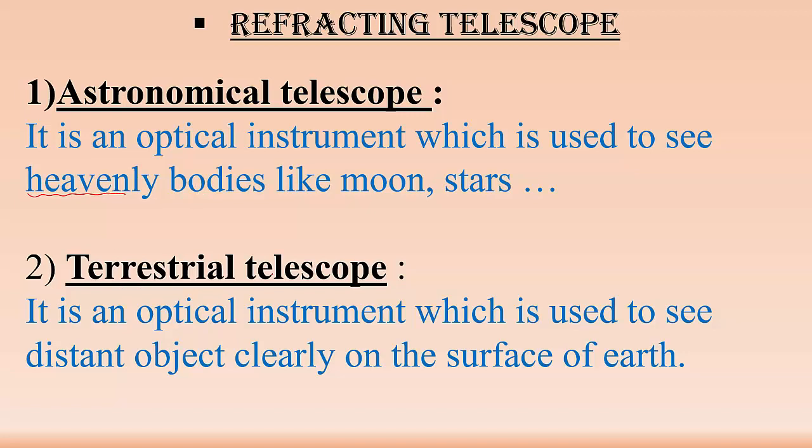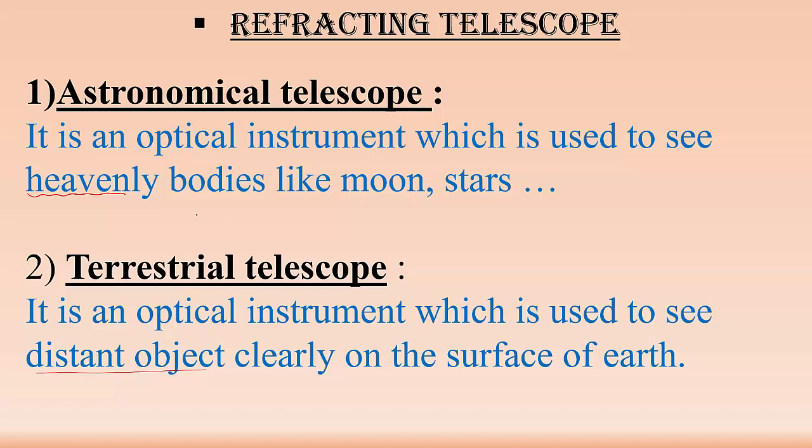The second one is the terrestrial telescope. This telescope is used to see distant objects clearly on the surface of the earth. The astronomical telescope is used to see heavenly bodies which are in space, but the terrestrial telescope is used to see objects which are on the surface of the earth but away from the observer. So these are the two types of refracting telescope.